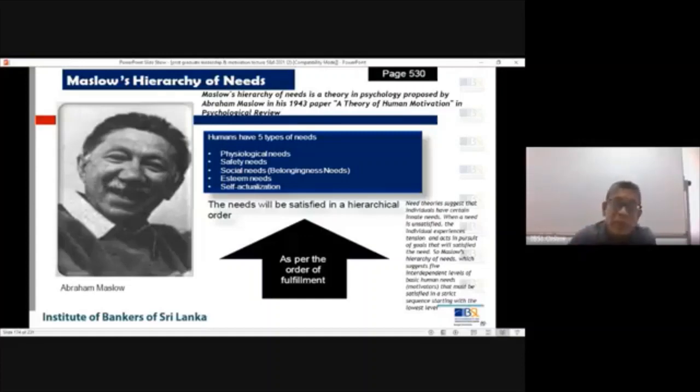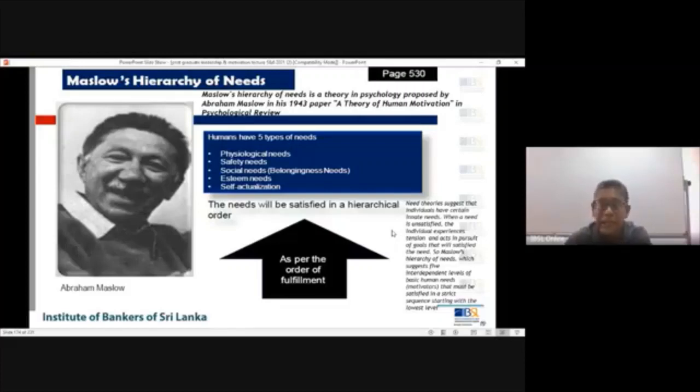So here, humans have five types of needs. These are physiological needs, safety needs, social needs, esteem needs, and self-actualization needs. Now, these needs are satisfied in a hierarchical order.